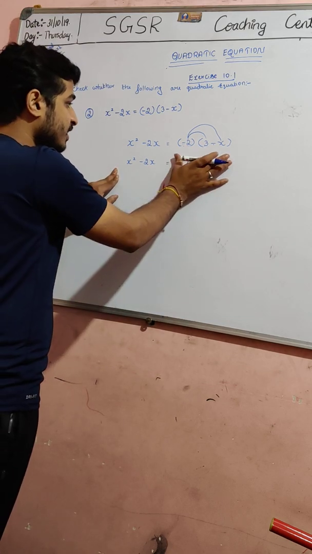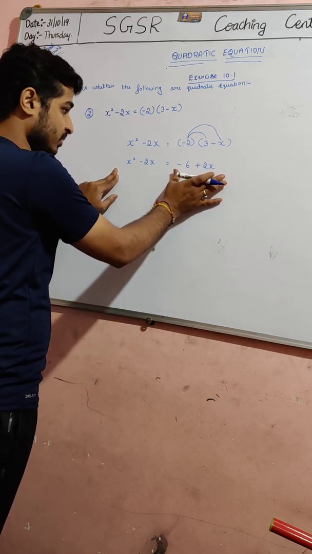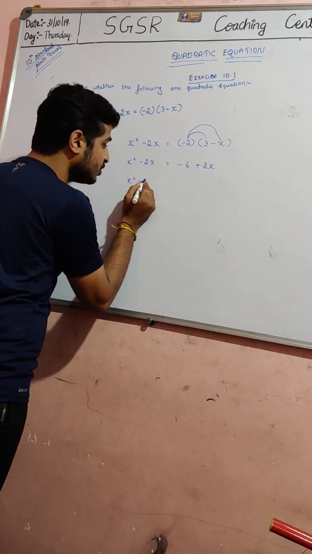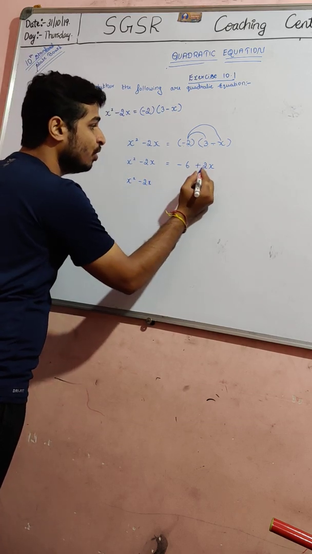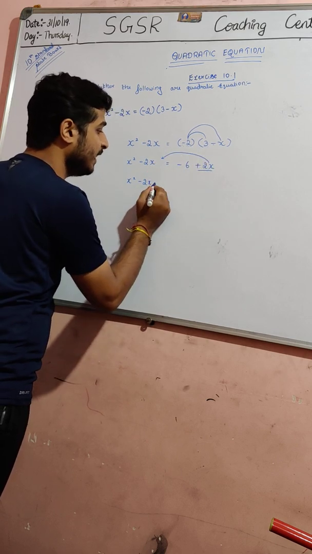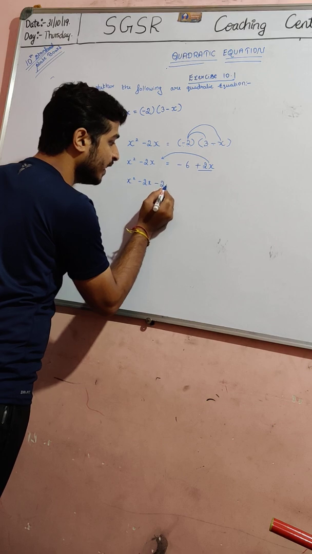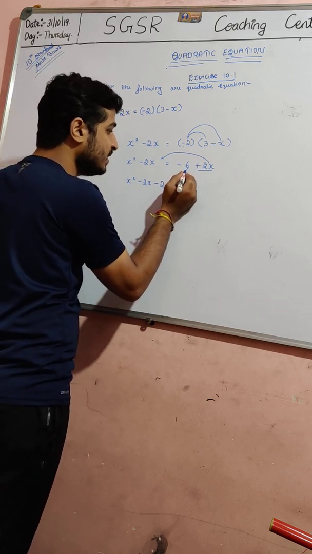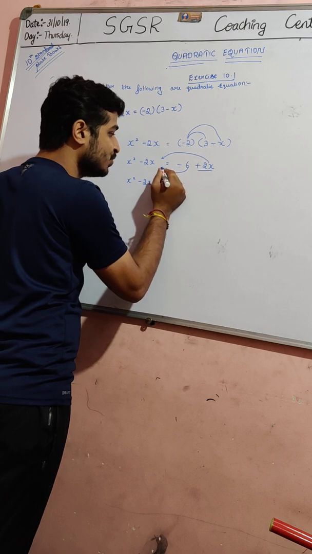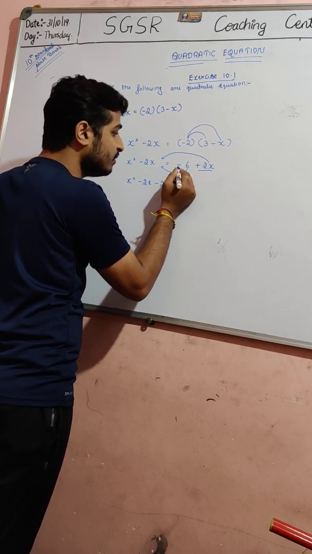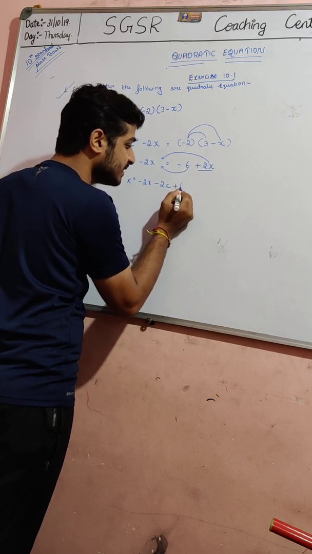Now the equation has come into this form. x square minus 2x. When this is transferred to this side, it becomes minus 2x. When you are transferring, please go through this carefully. When you transfer this value here, it becomes plus 6.